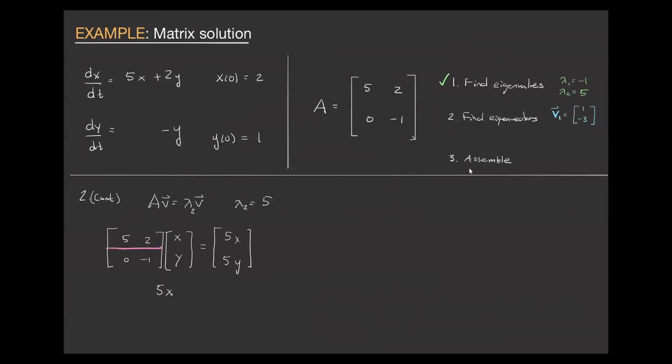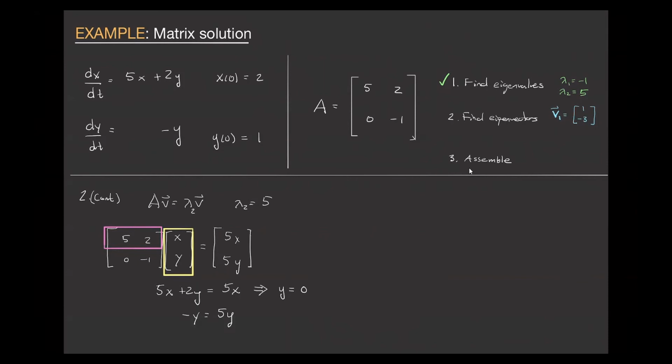So we take this row times this column for the first entry. And what we end up with is 5x plus 2y is equal to 5x. And then, of course, we get negative y is equal to 5y. Now, what this tells us in either case is that y is equal to 0. And this says it in both cases. So it just gives us the same information twice.